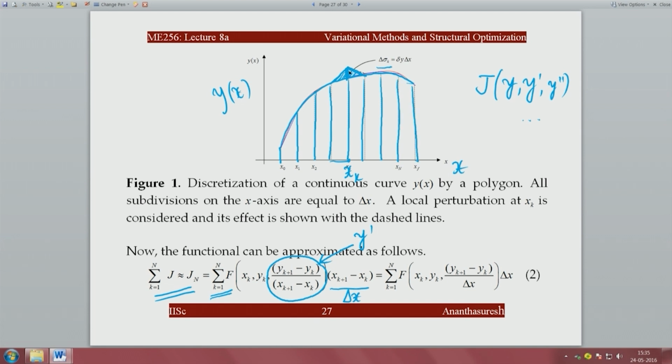So, we are replacing y' with (y_{k+1} minus y_k) divided by (x_{k+1} minus x_k). Instead of taking different intervals, if I make all these intervals equal, called Δx, I can write it like this, with no loss of generality.